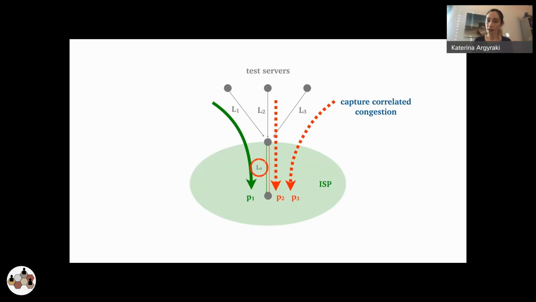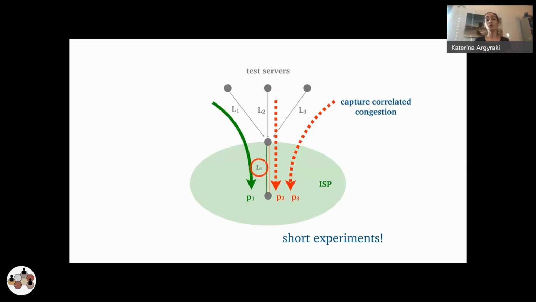Now, the challenge is that with the Wiki app, but really any real application that we use to assess neutrality, we must rely on very short experiments. Why? Because we're asking end users to send additional traffic and measure for us things that we can use to assess neutrality. We don't want to penalize these users, right? We should be able to draw our results based on very short experiments.